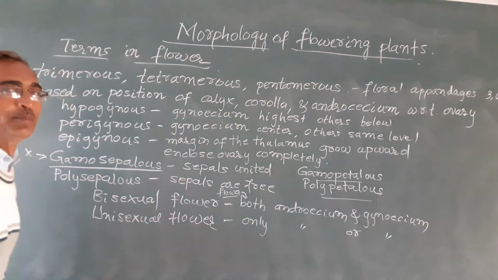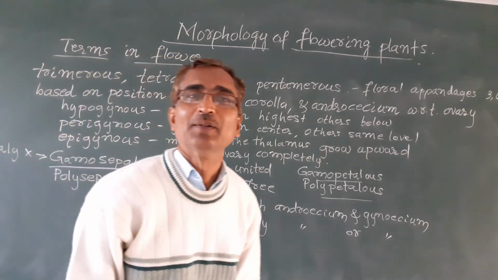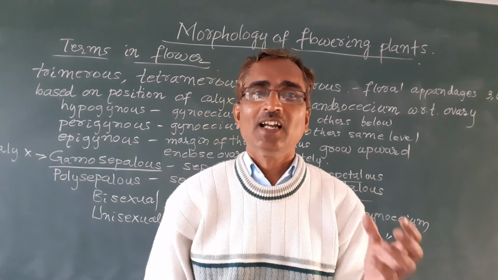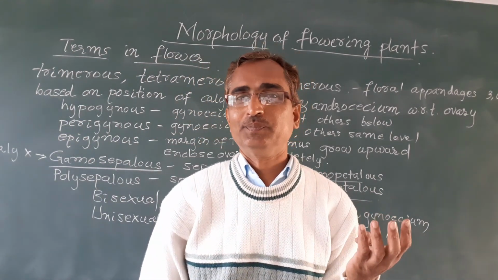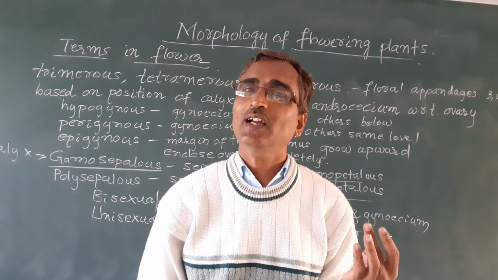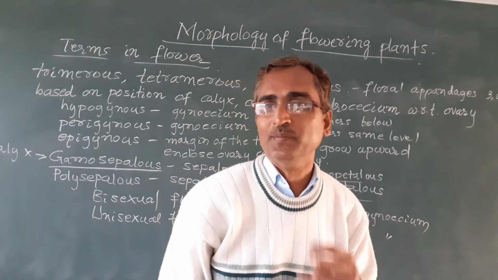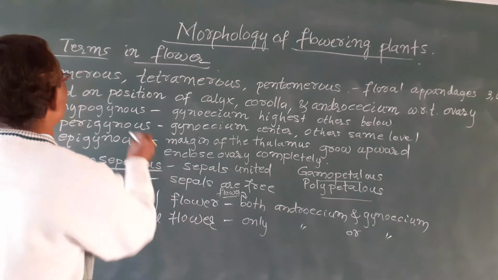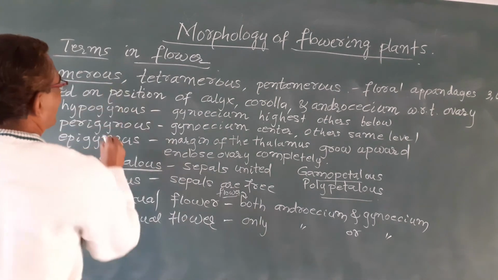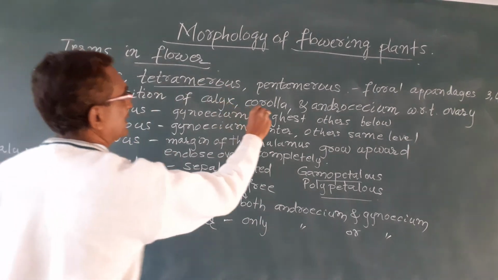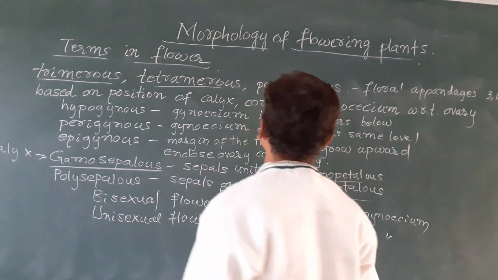Based on the number of appendages, that is parts, either calyx, corolla, androecium or gynoecium, the flowers are called trimerous, tetramerous and pentamerous.